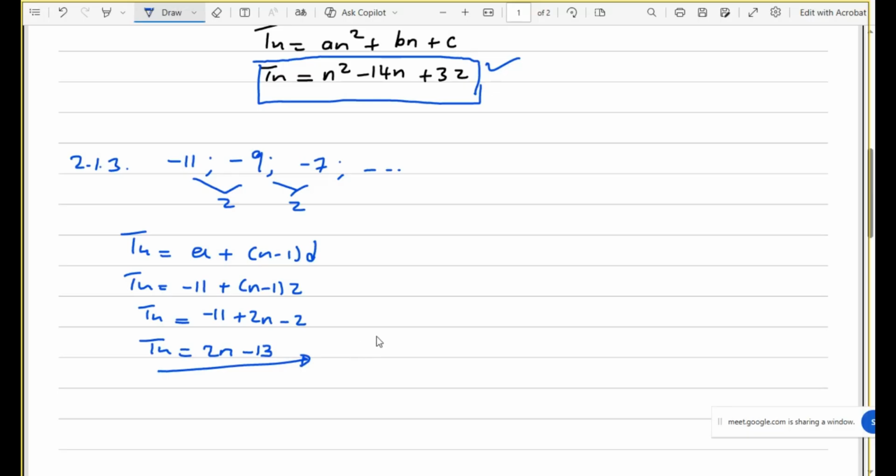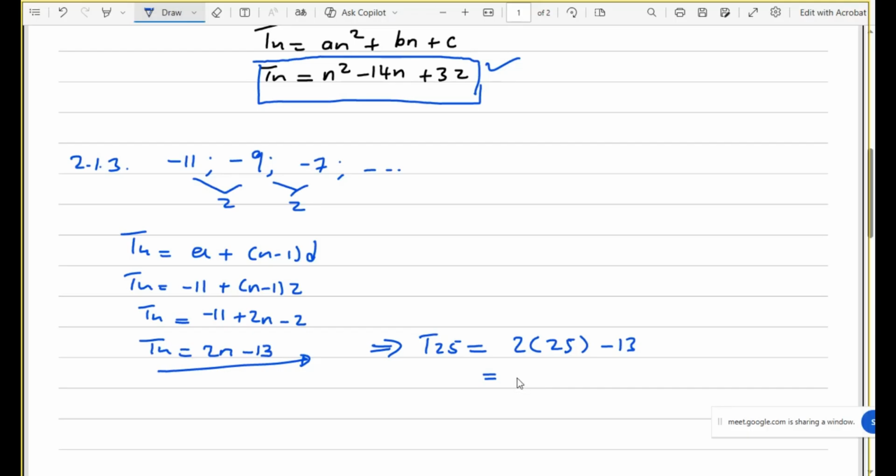So when they want the difference between T26 and T25, I can just say this is equal to T25. So T25 is equal to 2 into 25 minus 13. Then punch that on the calculator. Tell me what you get.